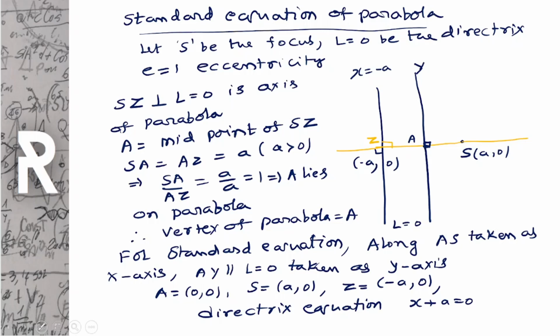Now for getting the conic standard equation, assume a random point, for example P(x1, y1), a point that satisfies the definition of parabola. That means it is equidistant from the focus and directrix. Its locus gives the equation of the parabola. Like this.